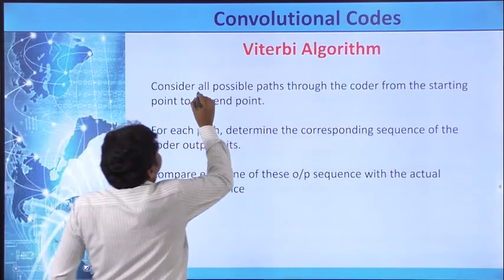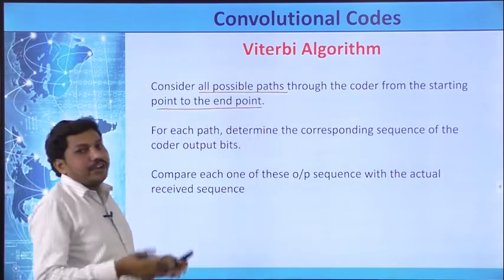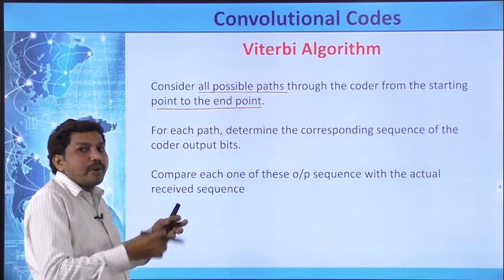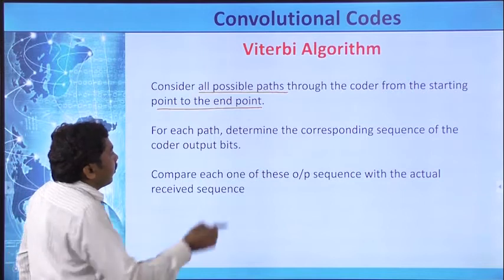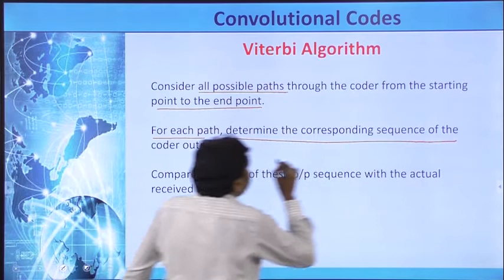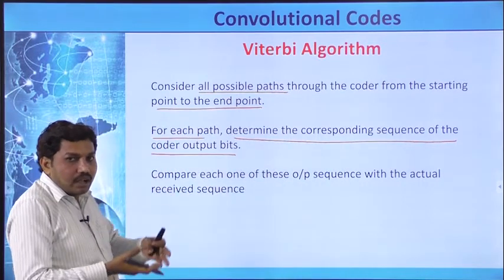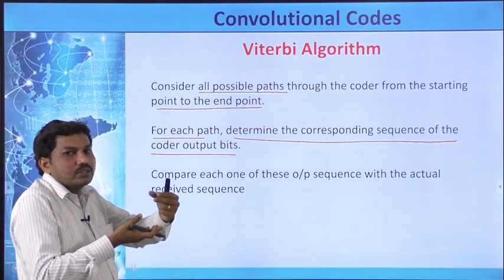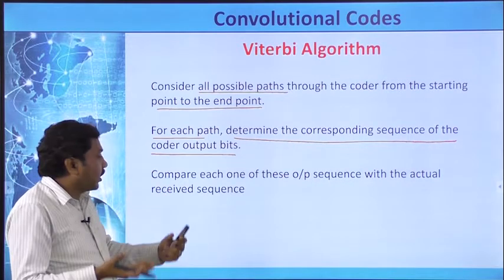Consider all possible paths from starting point to the ending point. So, what are the various possible paths from the starting node to ending node? For each path, calculate the corresponding sequence of the coder output bits. On each branch, we represented the output bits. So we will write those output bits for each path.